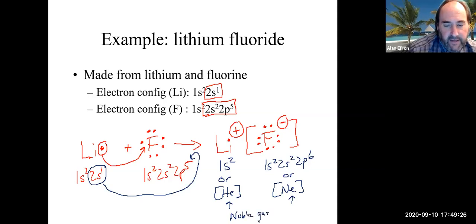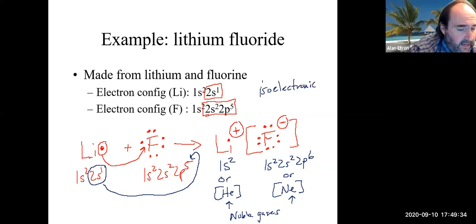So they end up being isoelectronic with those noble gases. Again, a reminder that isoelectronic means that they have the same electron configuration as something else. So in this case, they have the same electron configuration as the noble gases.